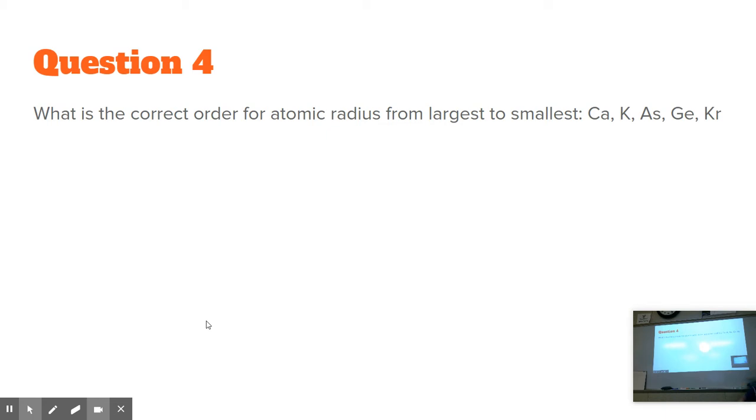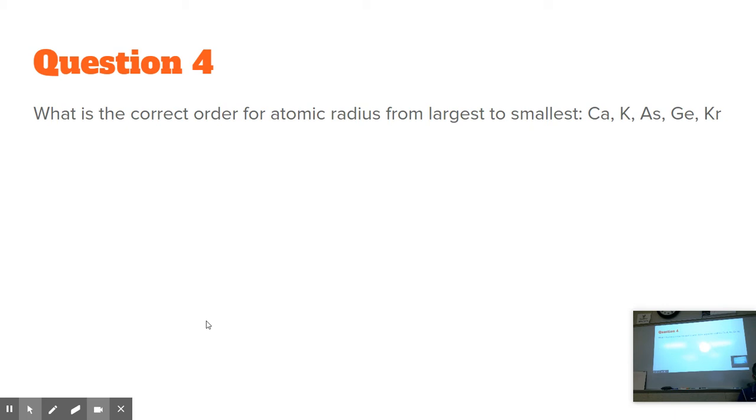I've been hounding everybody, not just this class, but all the classes, to make sure that when you have a question that you have to place in order, you verify what order the question is asking you to put them in. Okay? So we've got calcium, potassium, arsenic, germanium, krypton.